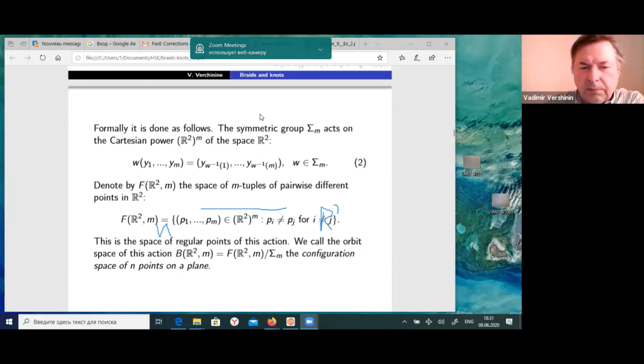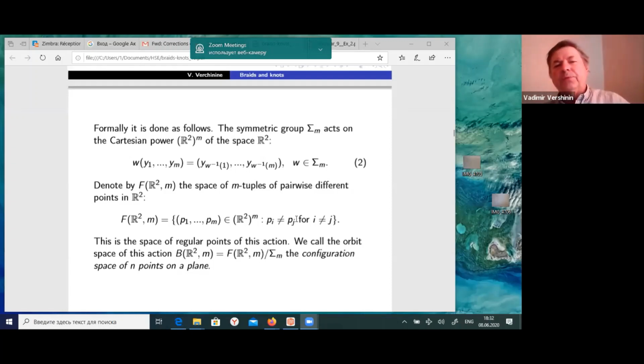So I make the formal definition as follows: you consider the Cartesian product of R2, M times, if you want to consider M points, like here, and you take the points which are different.